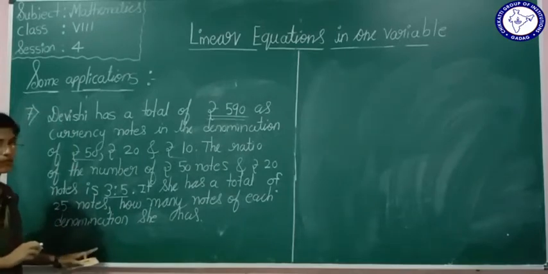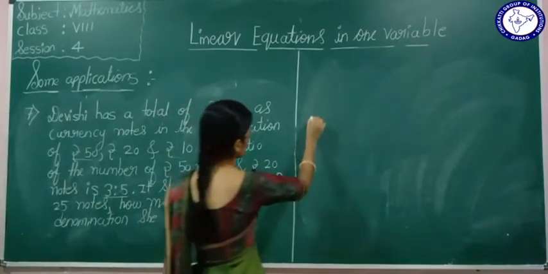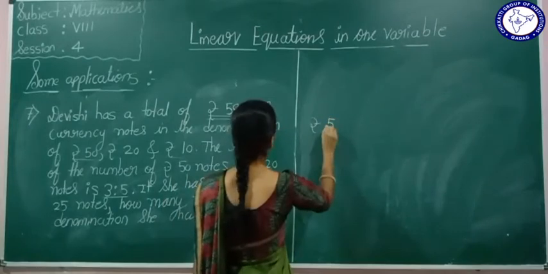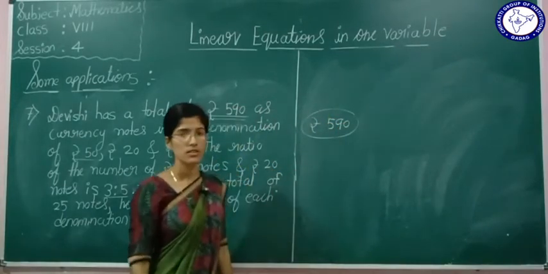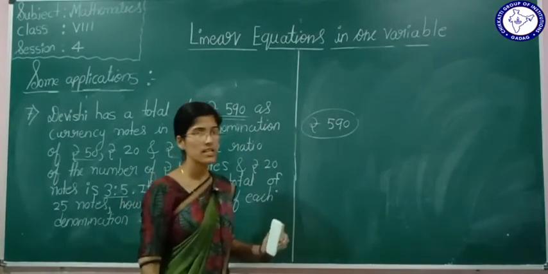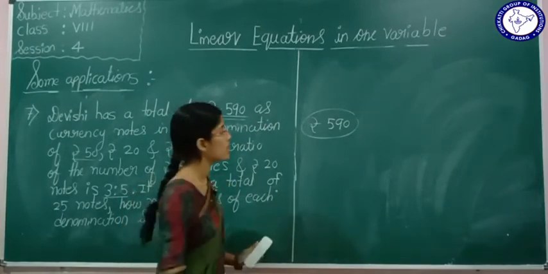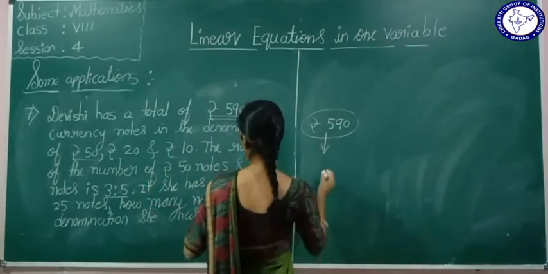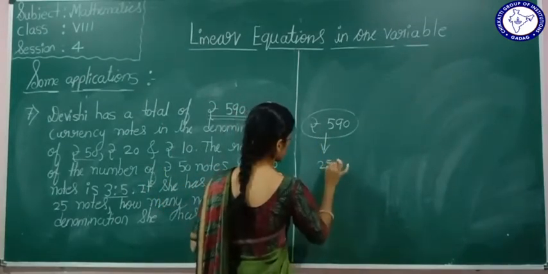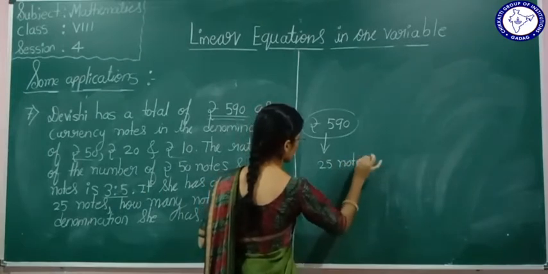In this problem, she has a total of 590 rupees, and in this total, Devishi has 25 notes.